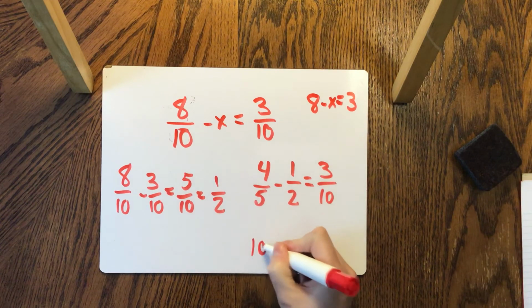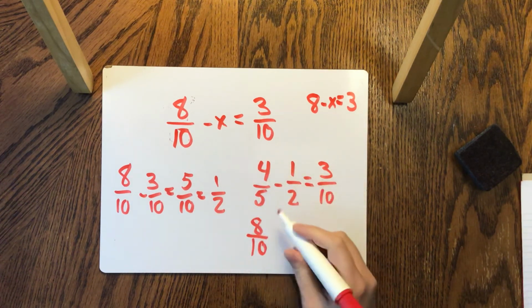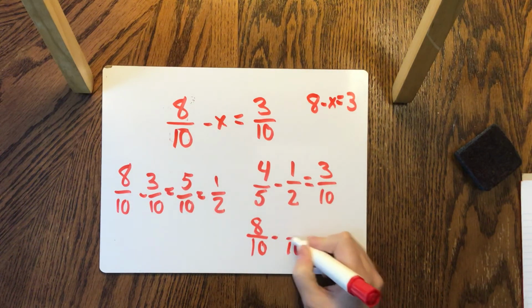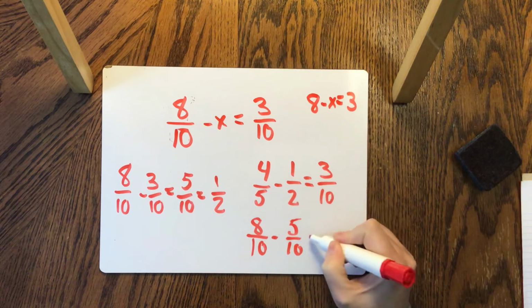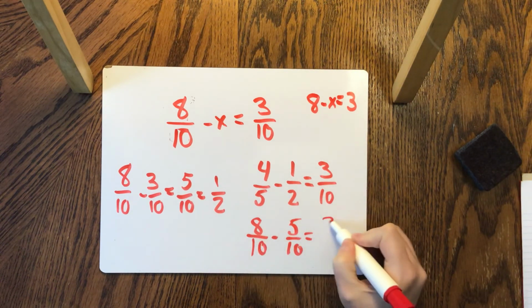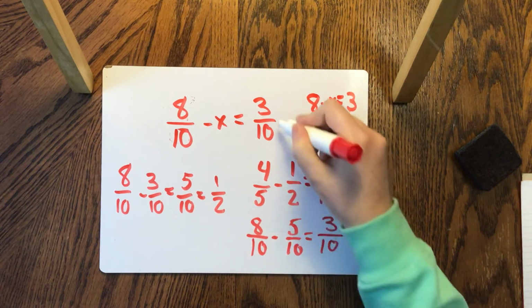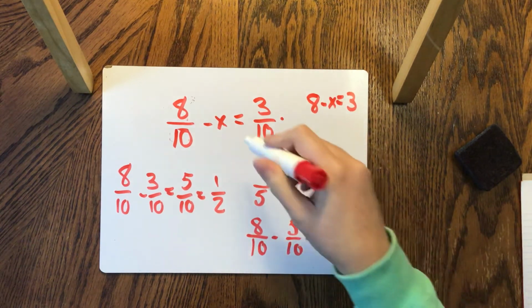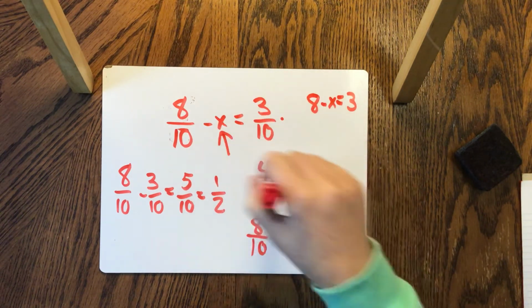So let's change this to 8/10, multiplying by 2. I'm going to change this to 5/10 by multiplying by 5. And that should equal 3/10. 8 minus 5 equals 3. And then we keep the denominator. So I did all of the work, substituted in for x, and I have the correct answer.